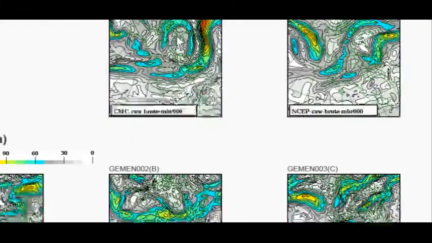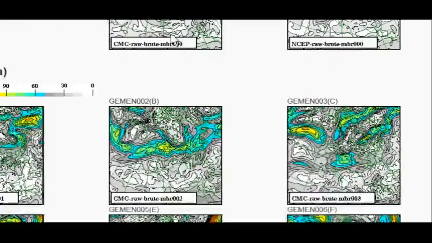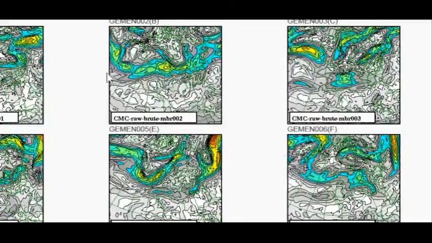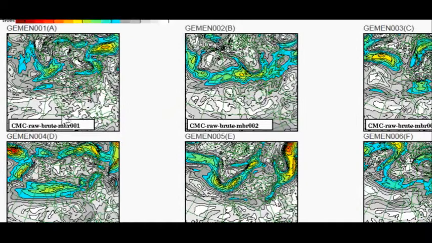And what you see here is a variety of different solutions for North America from the Canadian model. So here's run 1, here's run 2, run 3, and they adjust the models in different ways and rerun it and try to see what kind of solutions they get using the same base data.